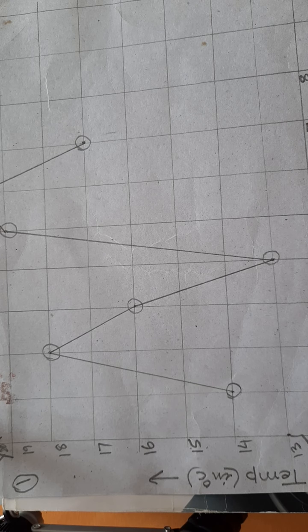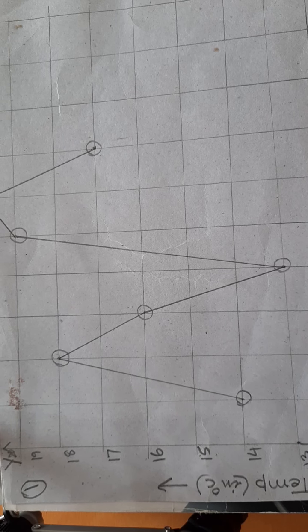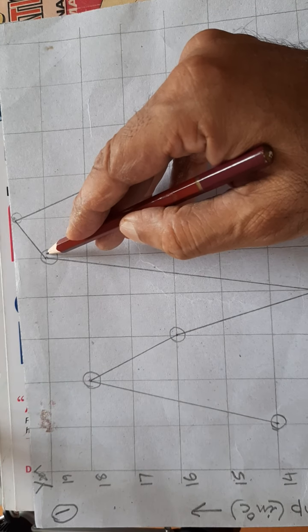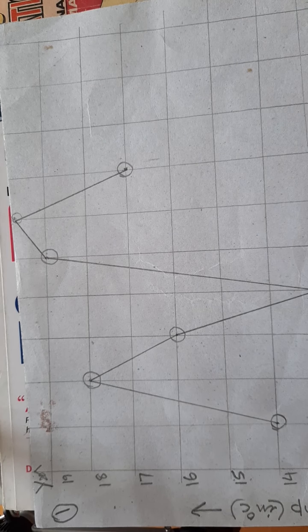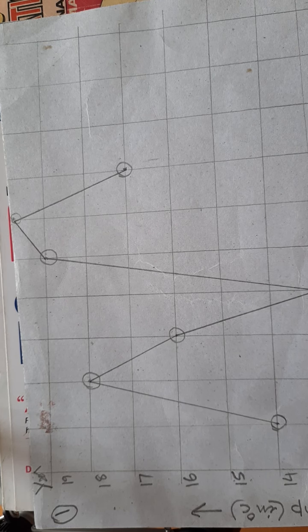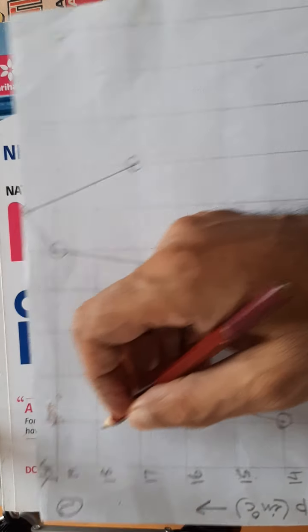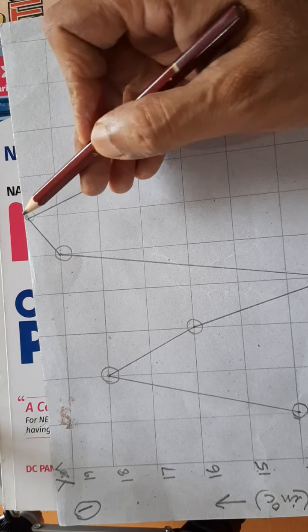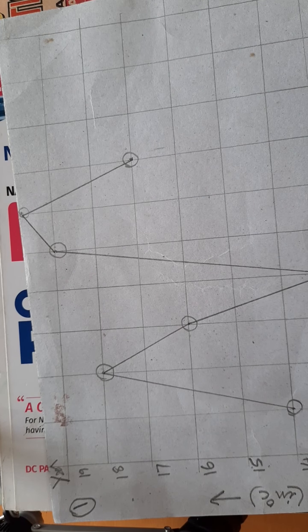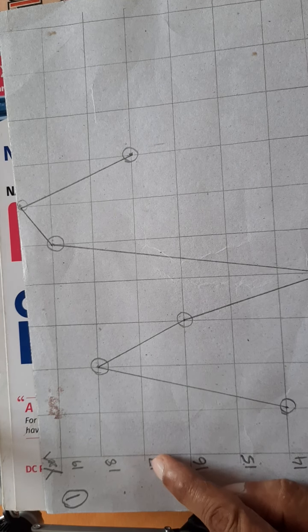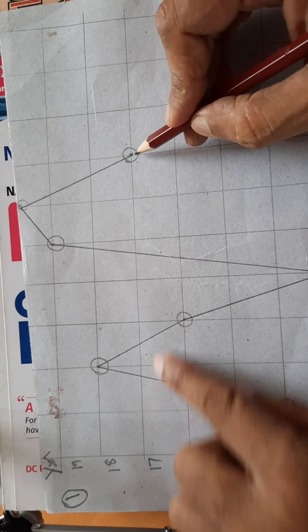In fifth day, temperature is 19, abscissa 5, ordinate 19, point is here. In sixth day, temperature is 20, abscissa 6, ordinate 20, point is here. In seventh day, temperature is 17, abscissa 7, ordinate 17, point is here.